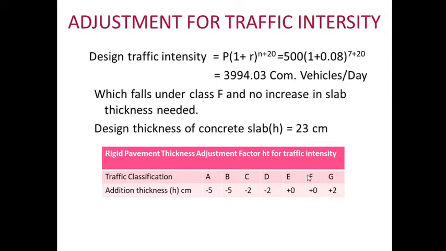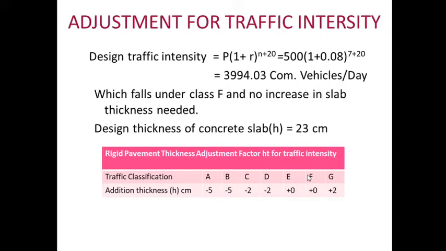So according to the design, the concrete slab thickness is 23 centimeters, whereas for G, 2 centimeters should be added to the 23. The total thickness of the cement concrete slab becomes 25 centimeters.